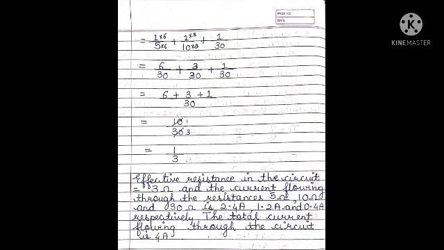Students, you can refer to this numerical in your textbook page number 42. Here in the video, you only go through the mathematical calculations. Otherwise, the entire numerical is solved in the textbook, on page number 42.